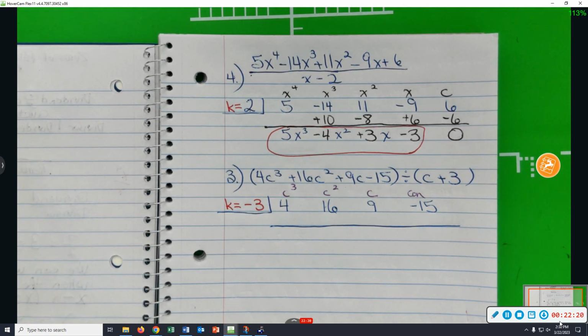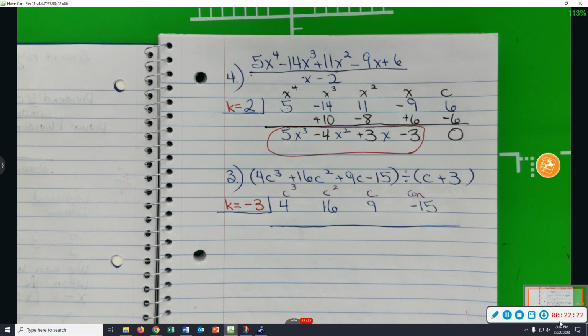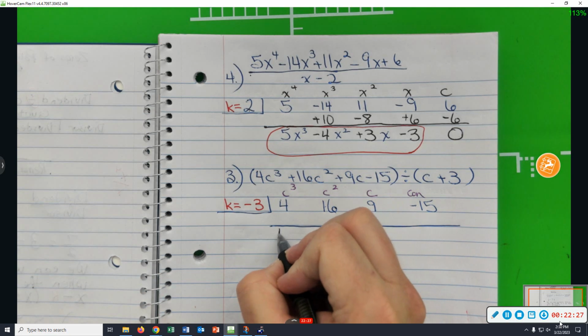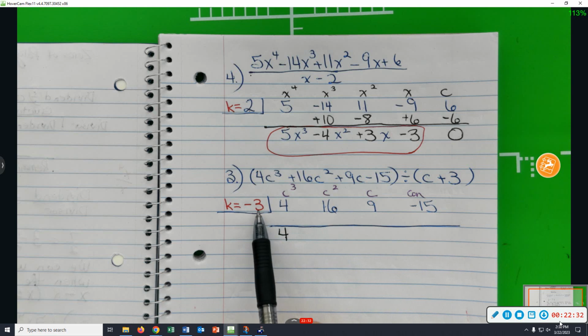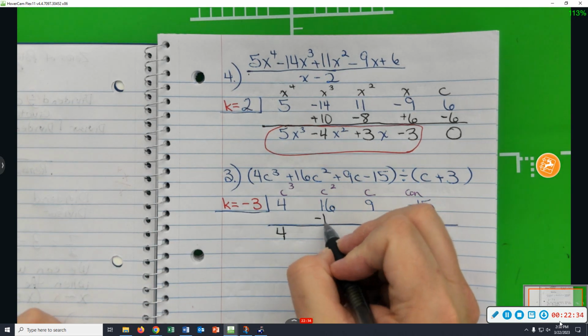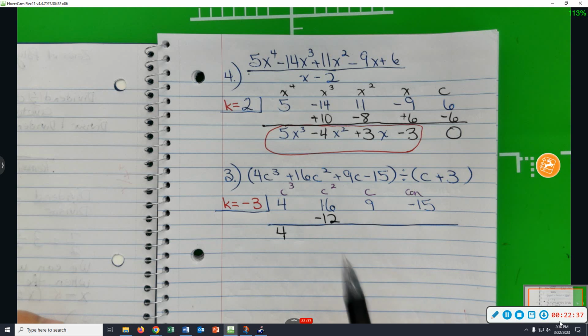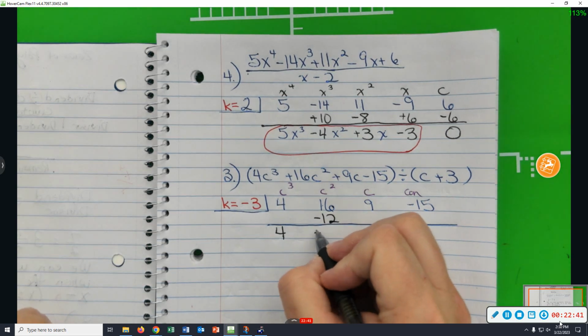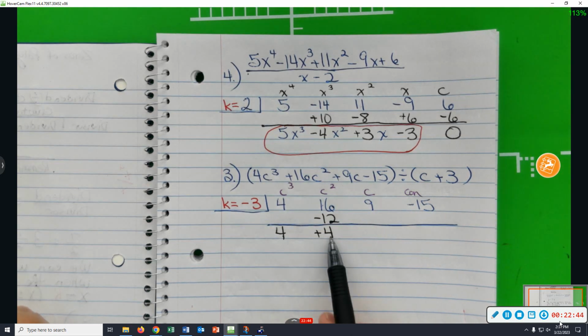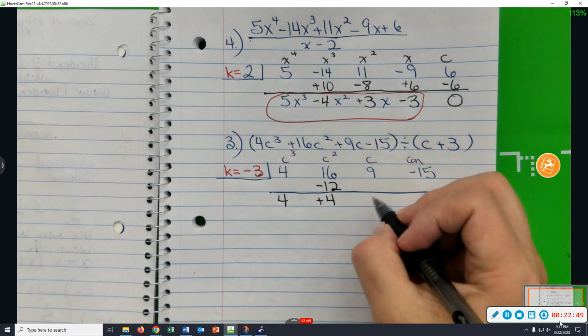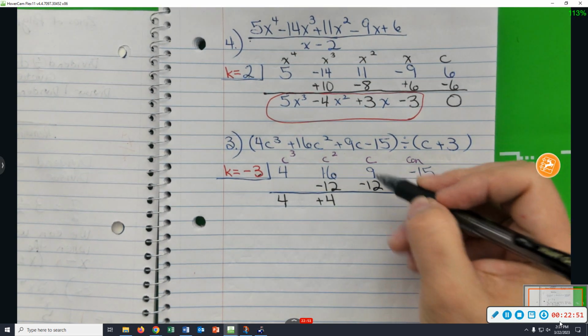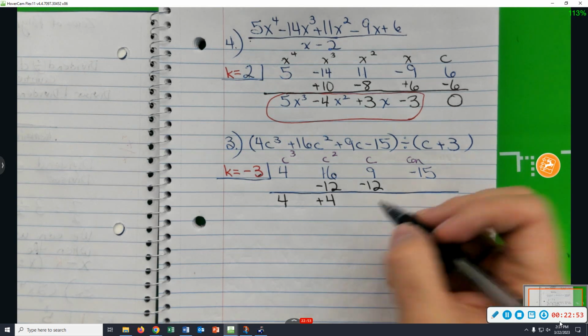How do I get this process started? What do I do first? Bring down the 4, and then 4 times negative 3 is negative 12. 16 minus 12 gives me 4. 4 times negative 3 again gives me negative 12. 9 minus 12 gives me negative 3.